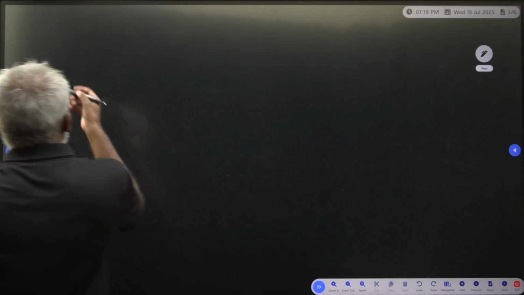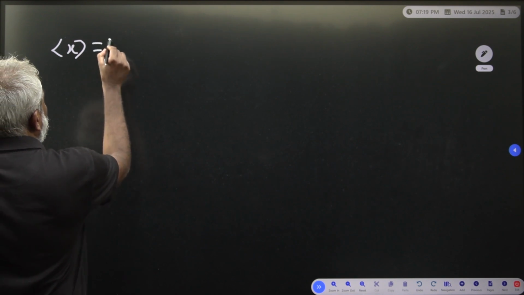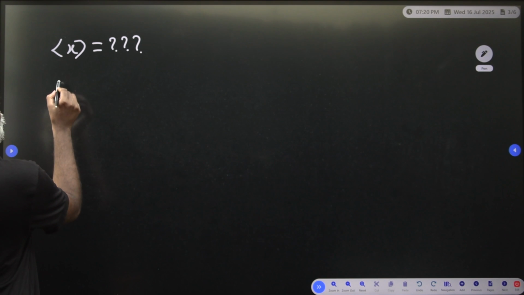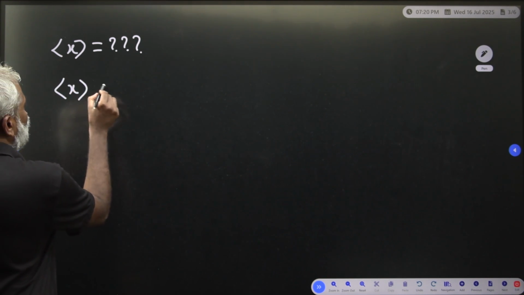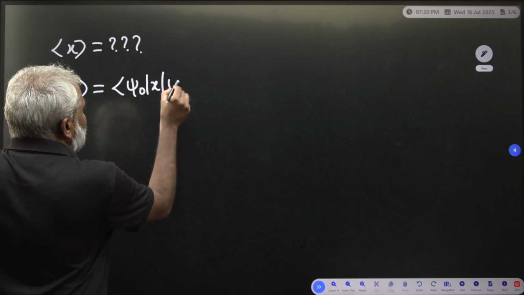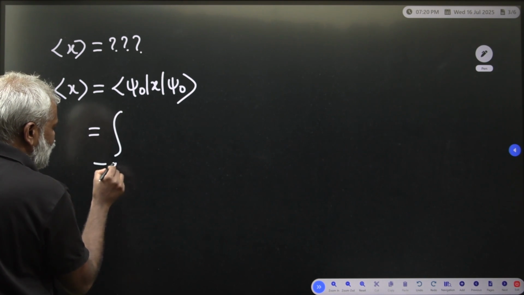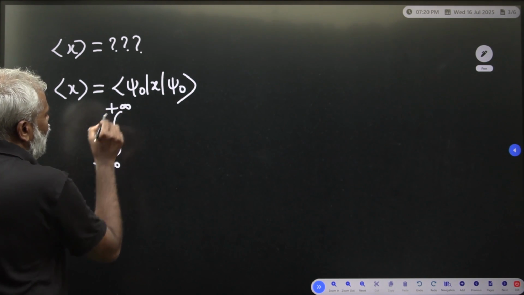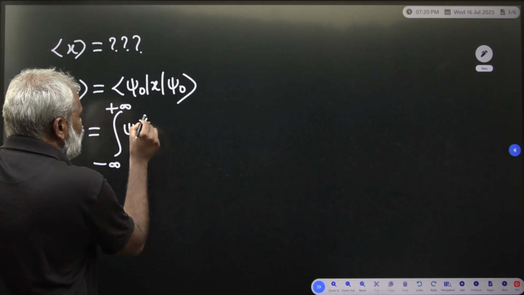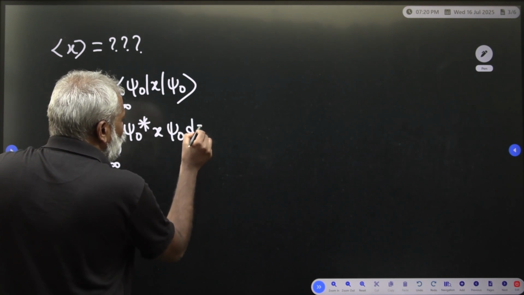Now we need to calculate the expectation value of x. How do we calculate it? The mean of x is equal to bra psi 0, x, ket psi 0. So we have to take it in integral form: integral from minus infinity to plus infinity, bra means psi 0 conjugate, into x, ket means psi 0, into dx.